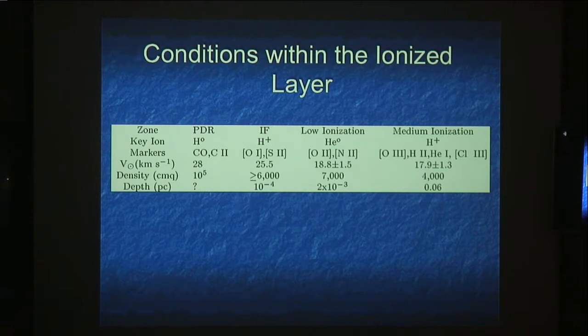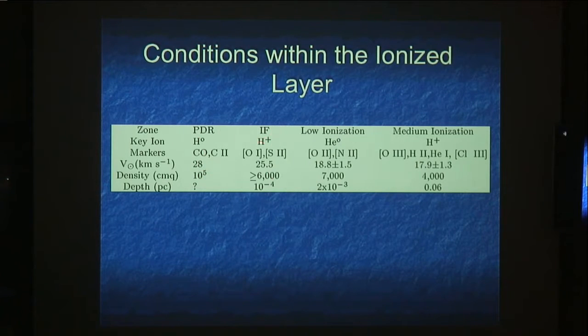As you look down on this flat nebula, we're looking at it basically flat on in most of the areas. And if that's the case, then you expect behind the ionized layer to be a PDR, which has its own characteristic markers and velocities and densities.